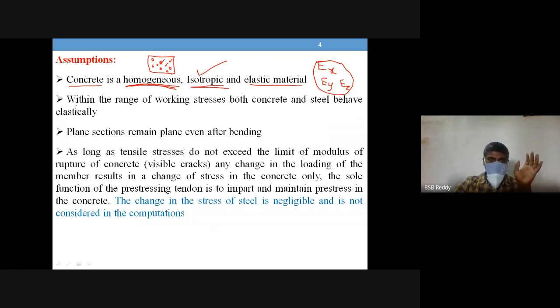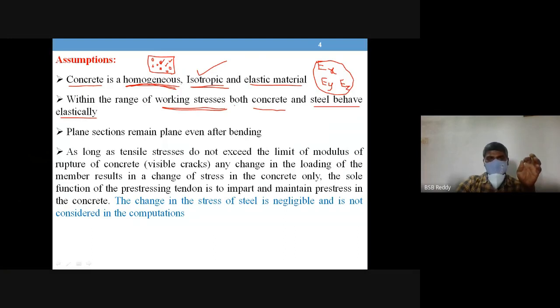Within the range of working stresses, both concrete and steel behave elastically is another assumption we are making. The stresses that are coming onto the concrete members are called working stresses.